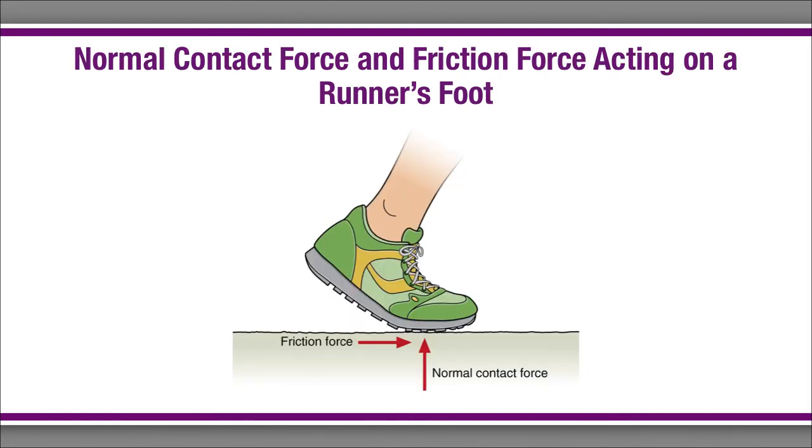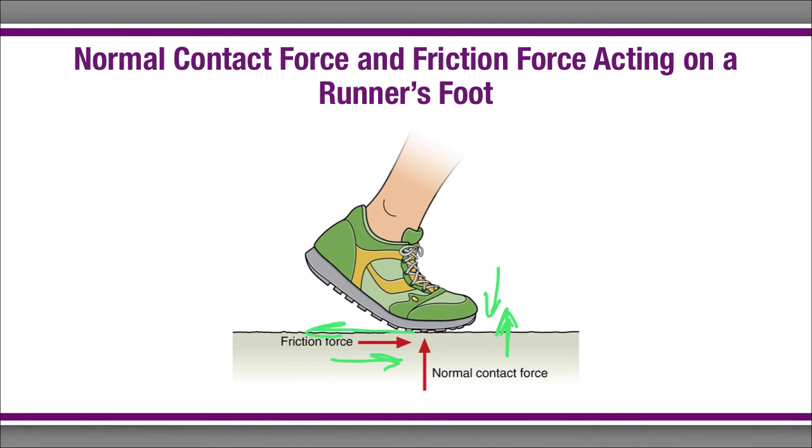Given this example of a runner's foot, the normal contact force is going to be the ground reaction force imparted as the mass of the runner comes downward. The normal contact force is again the ground reaction force going upward, while the friction force is going to be in the positive x direction as he or she is pushing backwards.